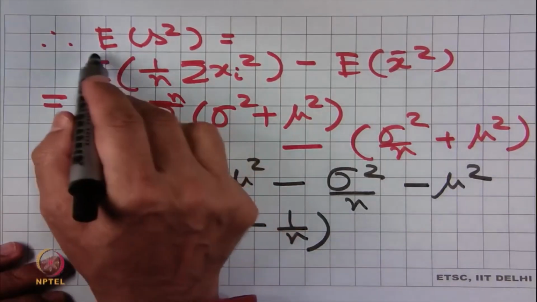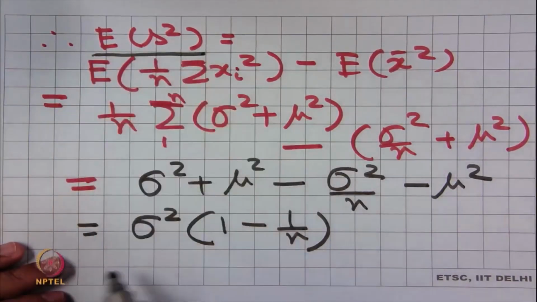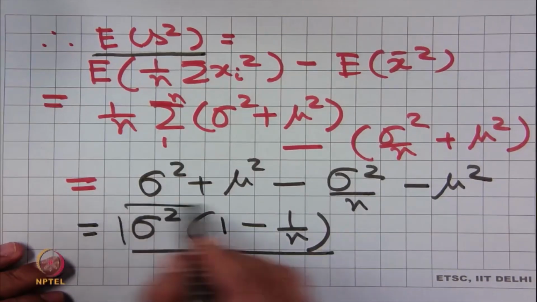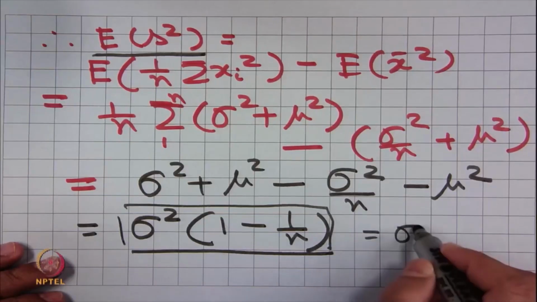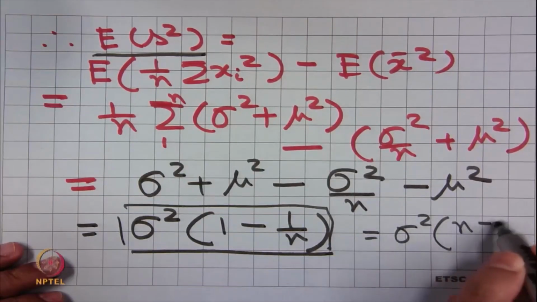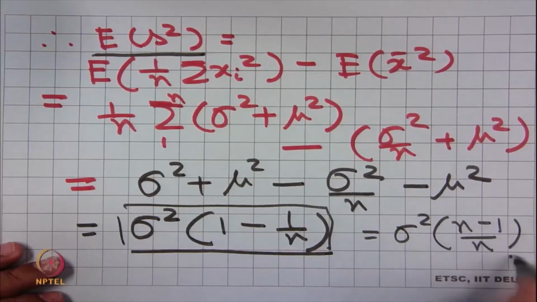Thus, we find that expectation of small s square is equal to sigma square into 1 minus 1 upon n, is equal to sigma square into n minus 1 upon n.